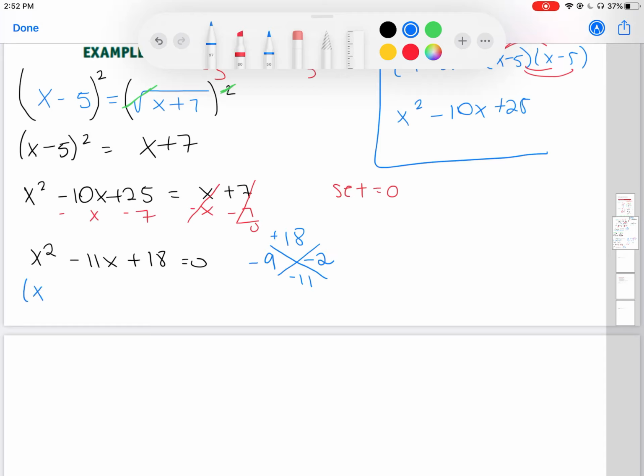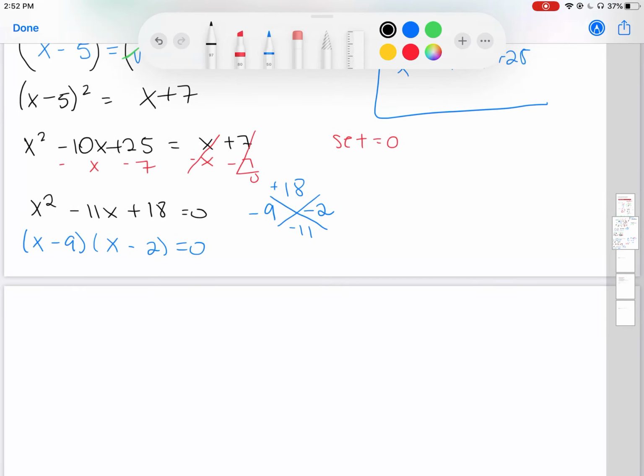This factors to be x minus 9, x minus 2 is equal to 0. Let's set each one equal to 0. So I have x minus 9 is equal to 0, and x minus 2 is equal to 0. Get x is equal to 9, and x is equal to 2.